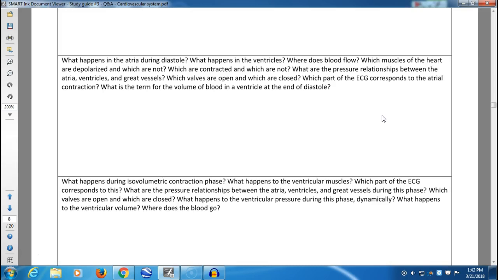Highest. Pressure in the aorta builds up. When the pressure in the aorta becomes higher than in the ventricle, what happens? Semilunar valve closes, okay?